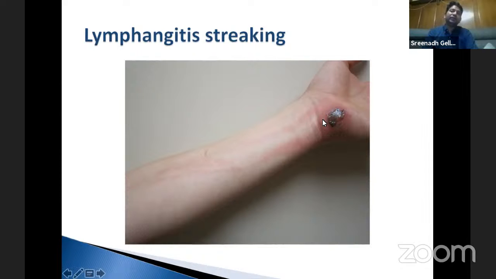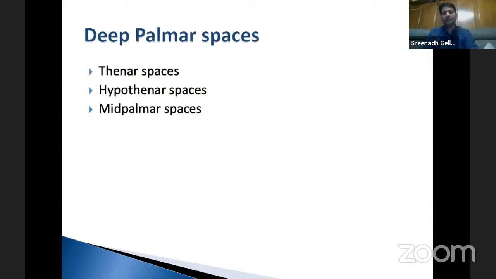So if they put this one, yes, you can suspect any underlying collections, but always tell them that you are going to examine the fingers, and you are going to make sure that there are no other collections there before you consider any incision and drainage. Please do not jump in for a surgery for these sort of cases.